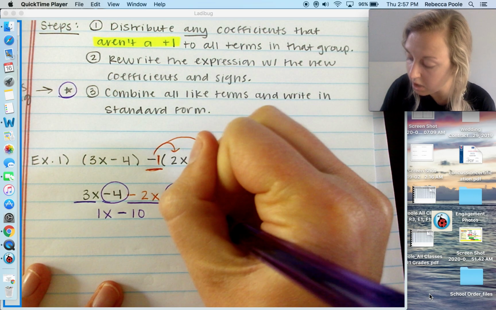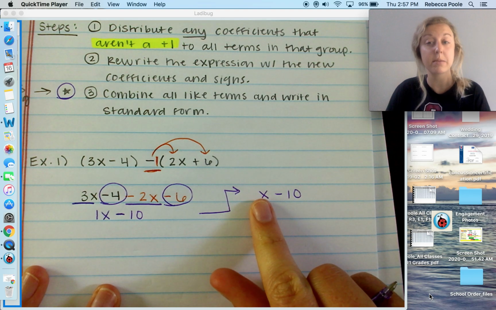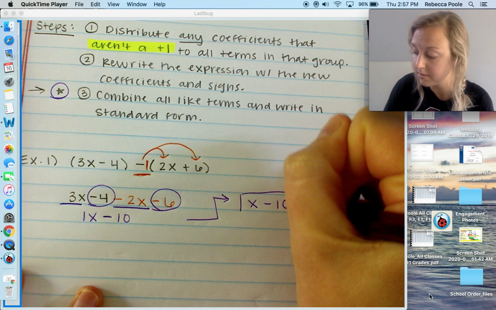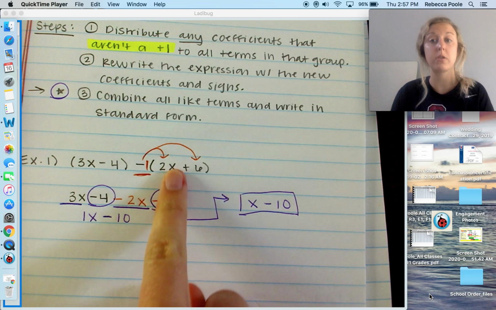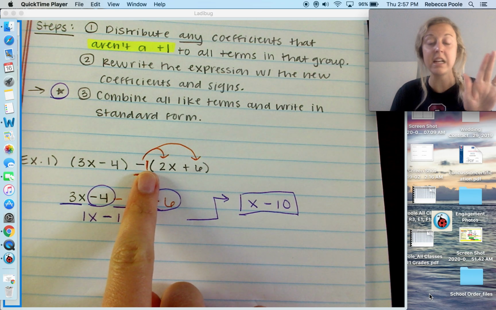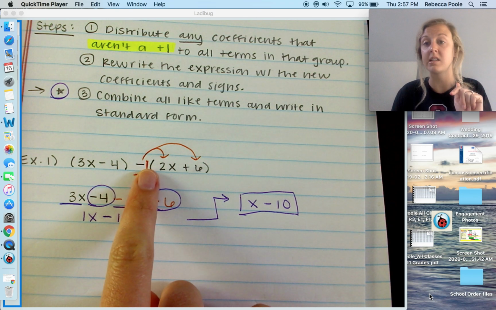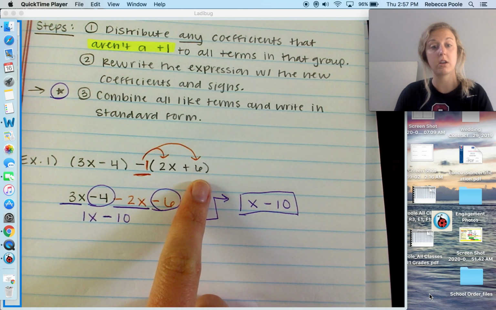So your answer here is just x minus 10, and you can keep the 1 there if you want to, okay? So the only thing that was different was we had to distribute first, all right? If there's not a plus 1 here, if it's anything else, minus 1, minus 5, even a plus 5, that's not a plus 1, you've got to distribute it, okay?